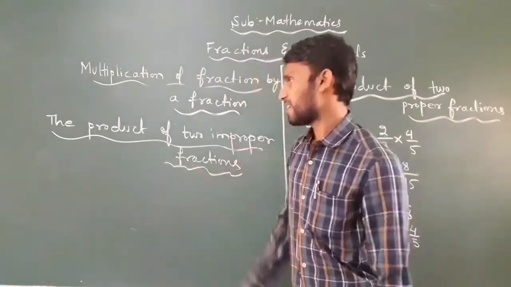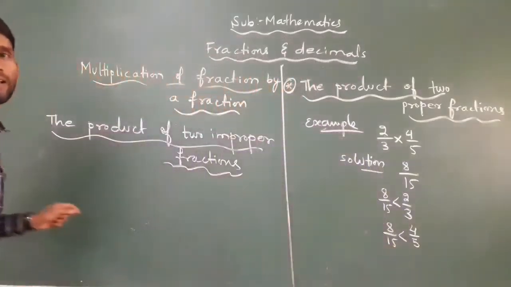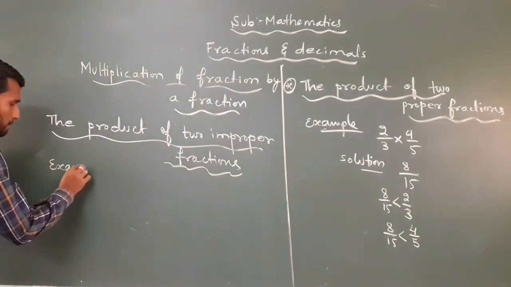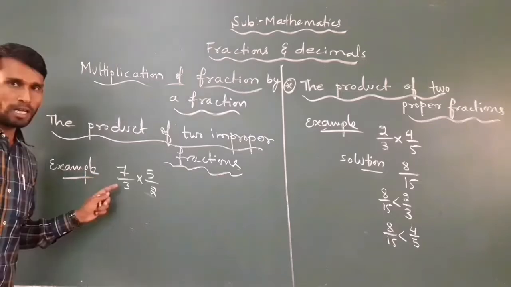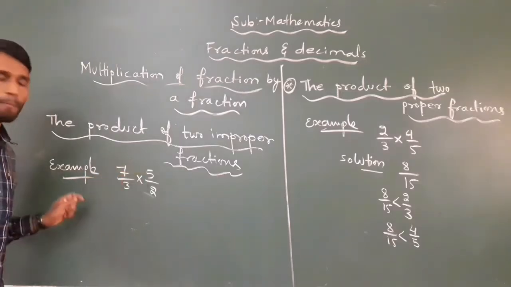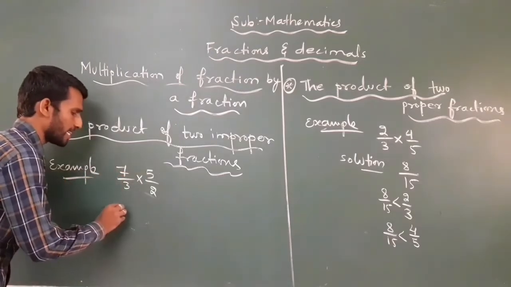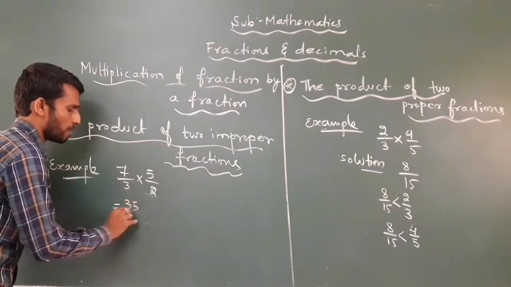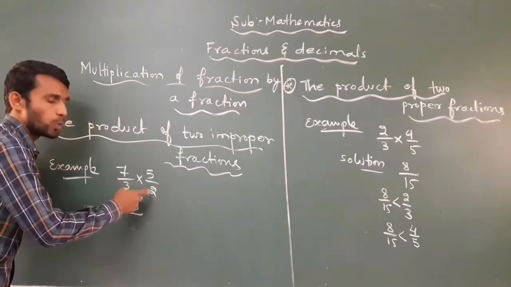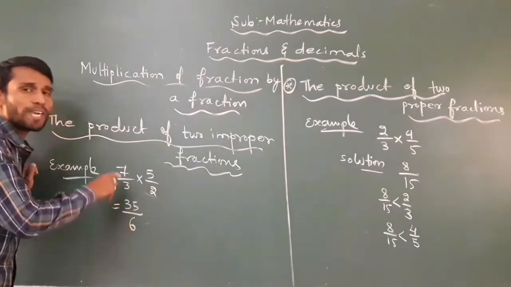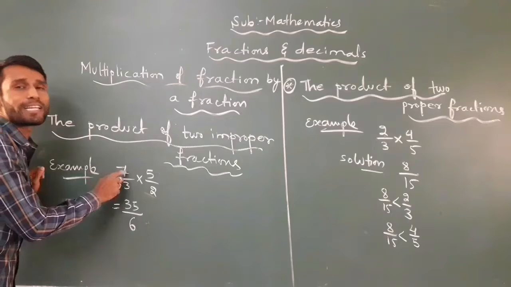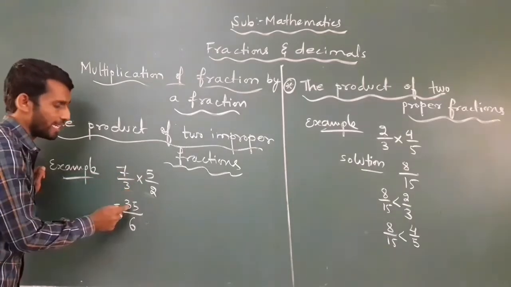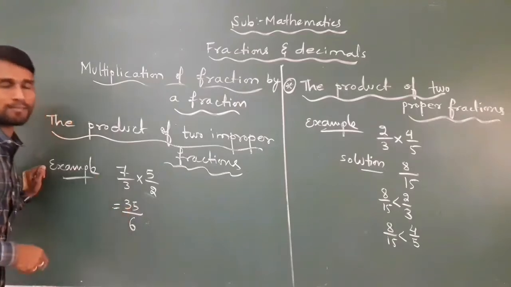See here, I am taking an example of multiplying two improper fractions. I am getting the answer 7 into 5 is 35 by 3 into 2 is 6. We have to multiply numerator by numerator and denominator by denominator. We get 35 by 6.